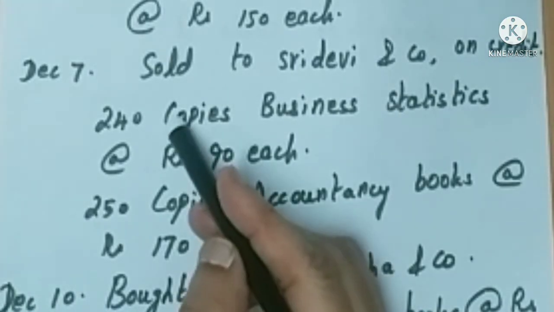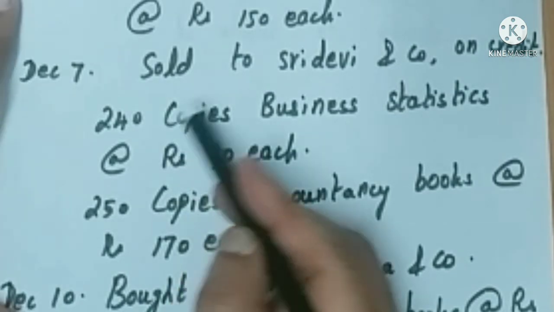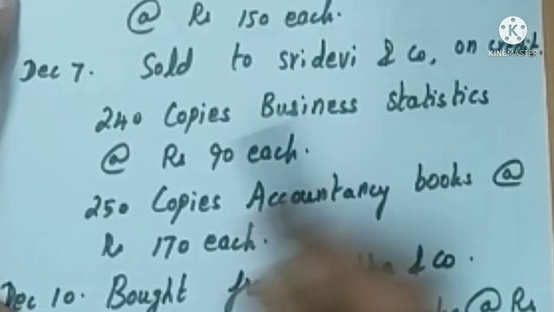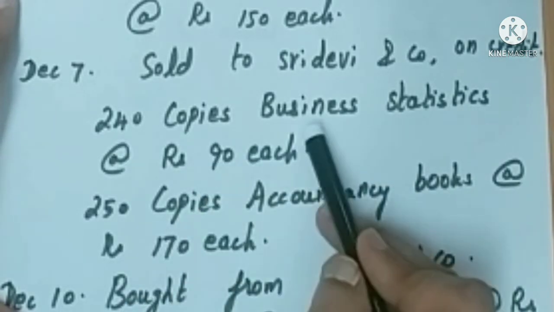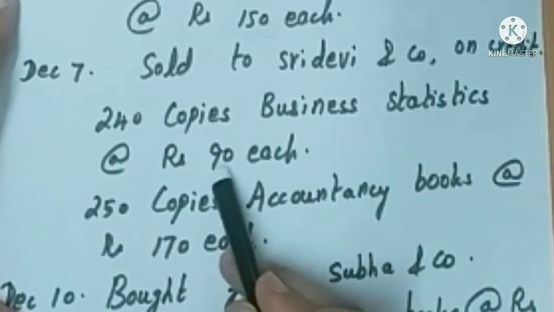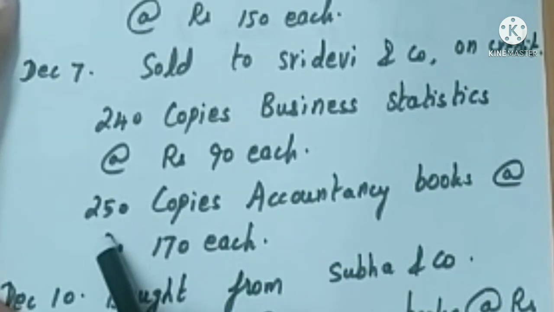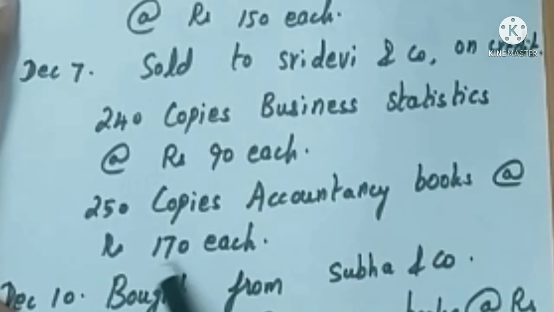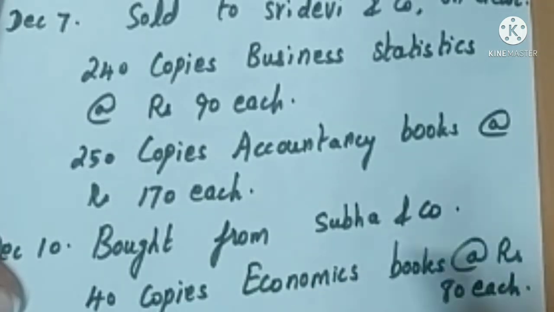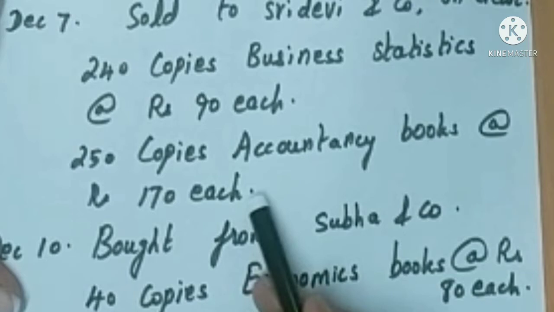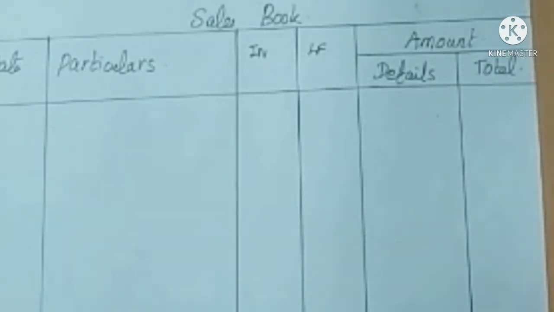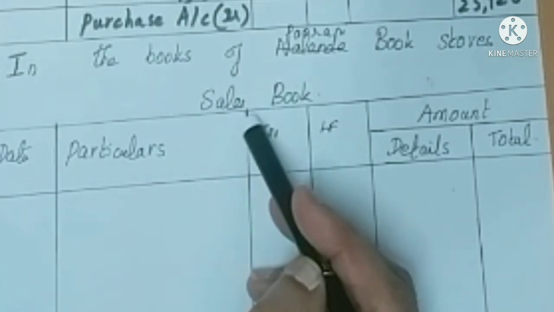Then next we are going to open the sales book. Sold to Sridevi on credit 240 copies business statistics at 90 each, 250 copies accountancy book at 170 each. So now we are going to enter this transaction in the sales book. This is how we have to write the headings.